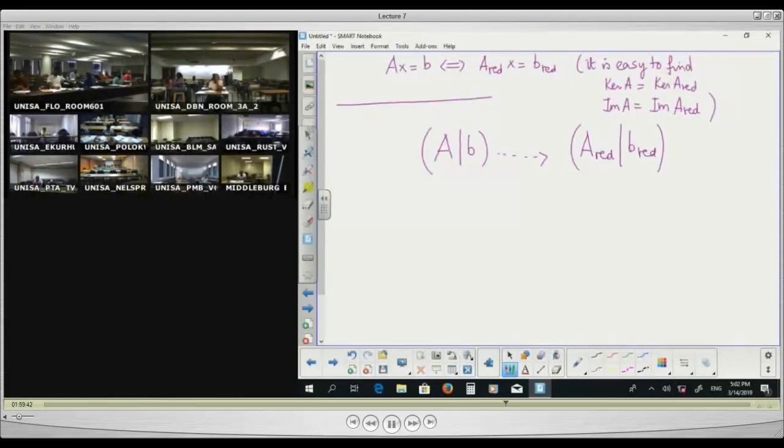So if corresponding to a zero row B has a non-zero entry, then no solutions.